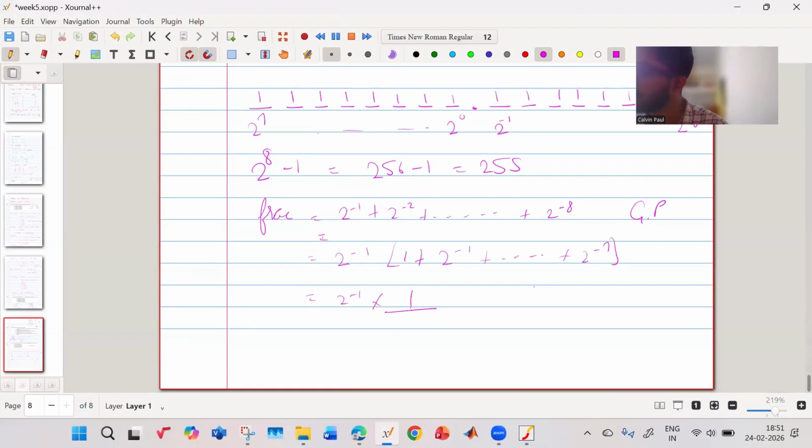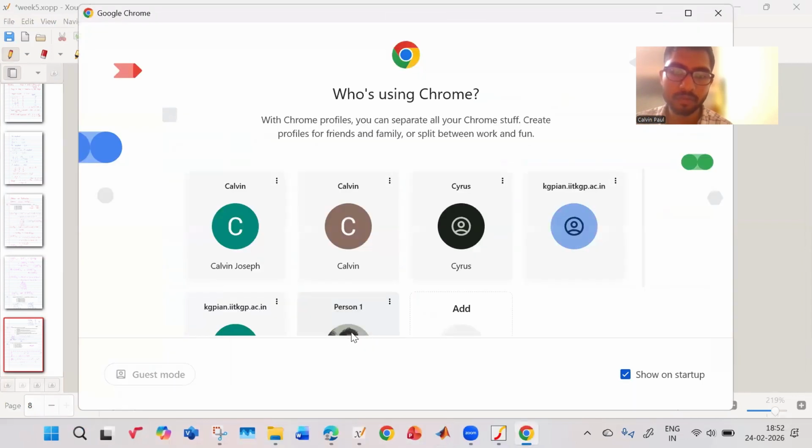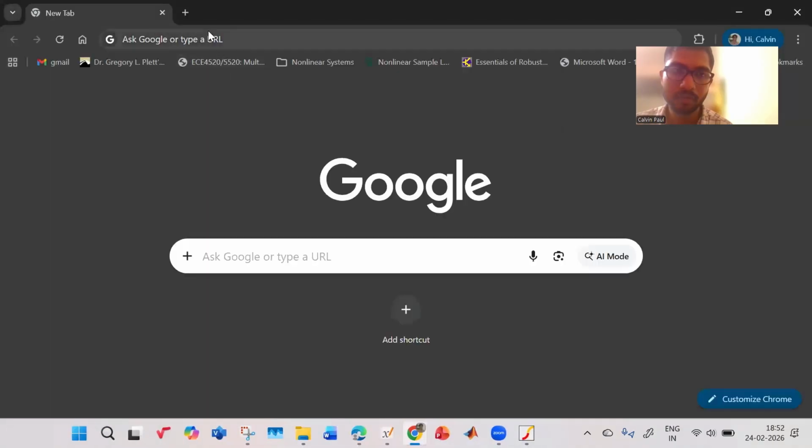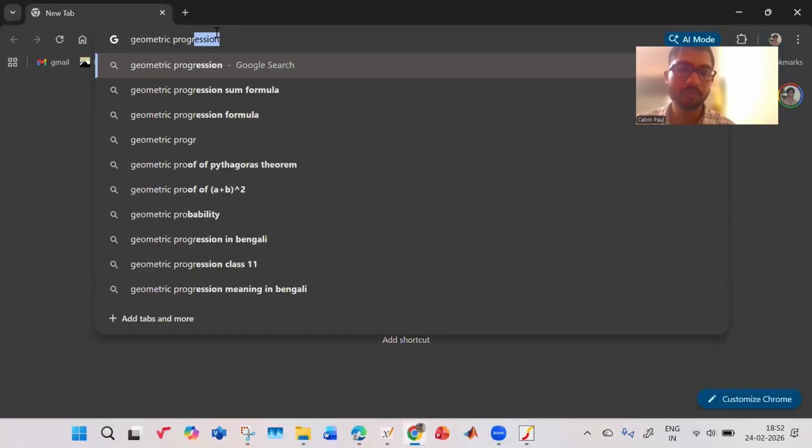Do you remember the formula for the sum of a geometric progression? I've forgotten it, lost touch. Just check. Geometric progression sum formula.